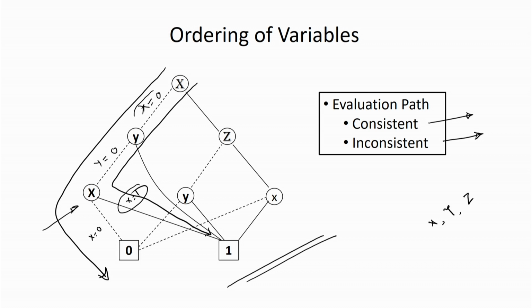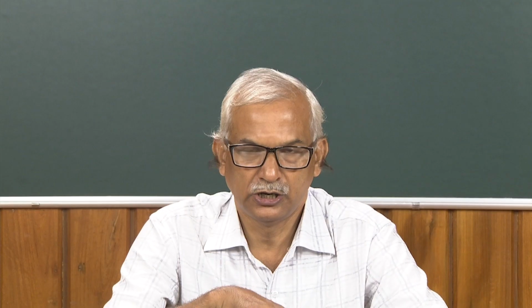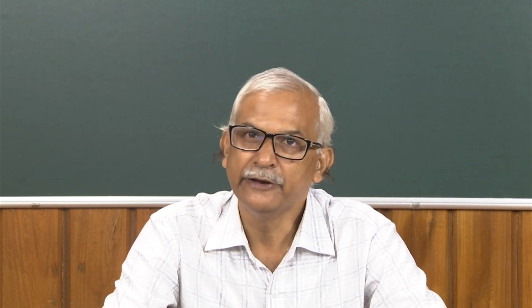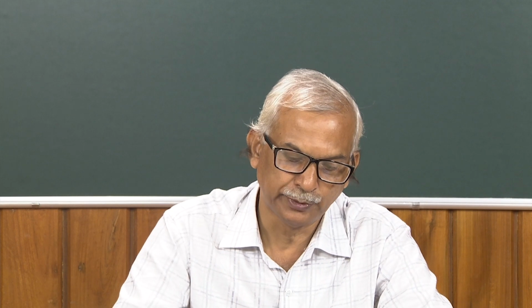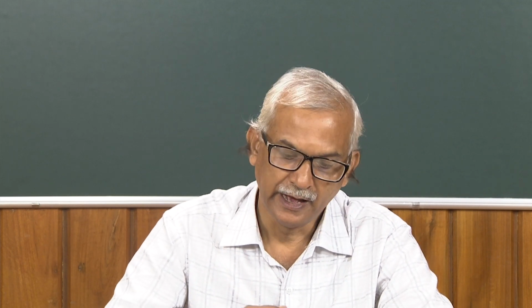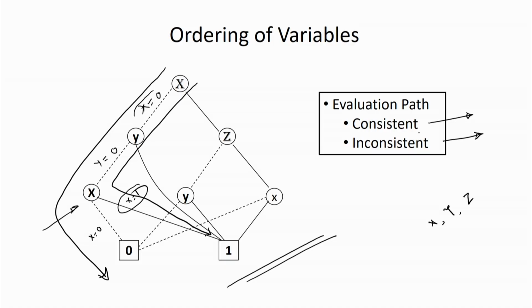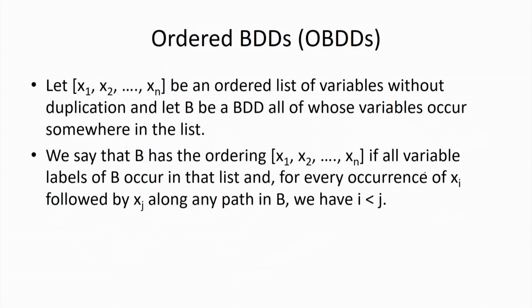When I look for the functional values of the function represented by this BDD, we have to ignore these inconsistent paths. There may be several inconsistent paths, and we should not consider them. For evaluation of this function, use only consistent paths. So, this is the issue of consistent and inconsistent paths in a BDD.